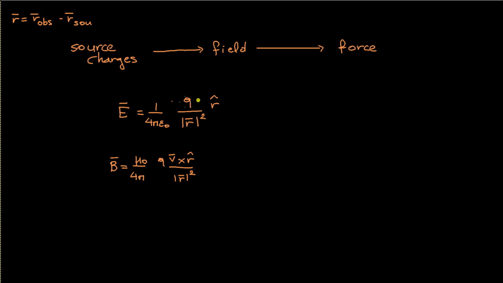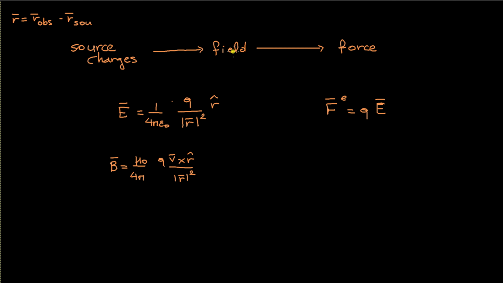Now, moving on. Now we have the force. The field can interact with other charges and exert a force on them. We know that the electric force is Q times E. When you see this expression, remember, we have used everything we know about the source charges to find the electric field.